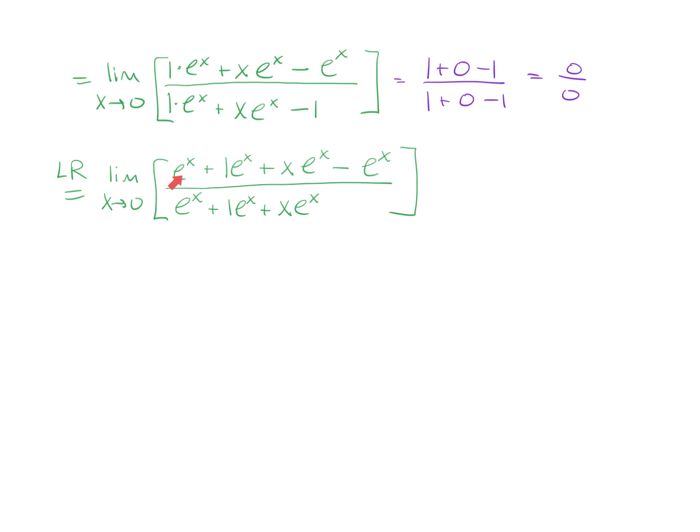I have e to the x plus e to the x minus e to the x. So that leaves me with just an e to the x. So I have e to the x plus x e to the x in the numerator. And in the denominator, I have 2 e to the x plus x e to the x.